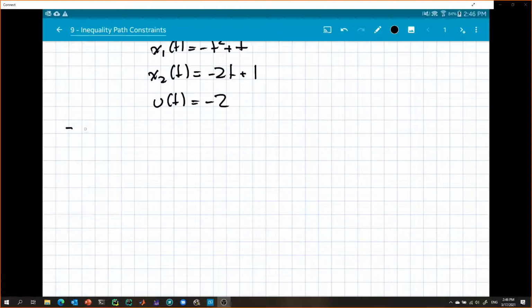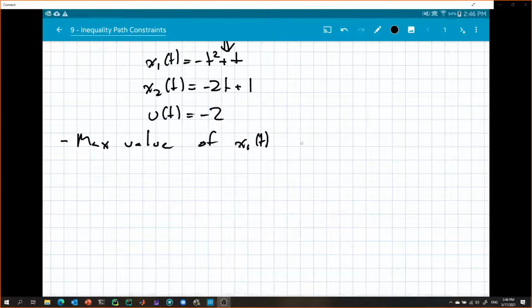And then we could find the max value of x1. So we get a sense of what else would violate our constraints and which ones wouldn't.